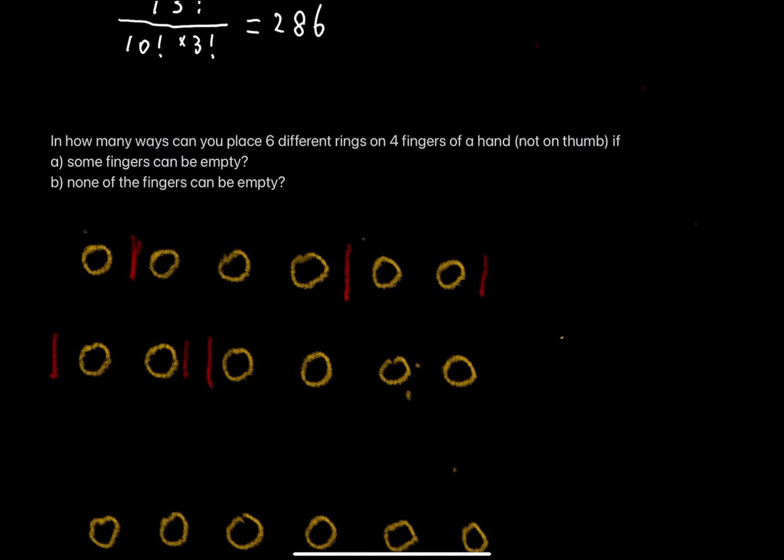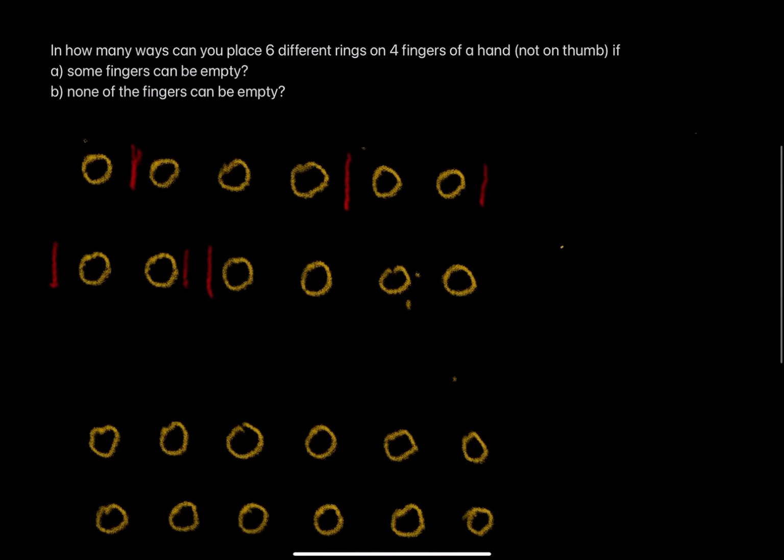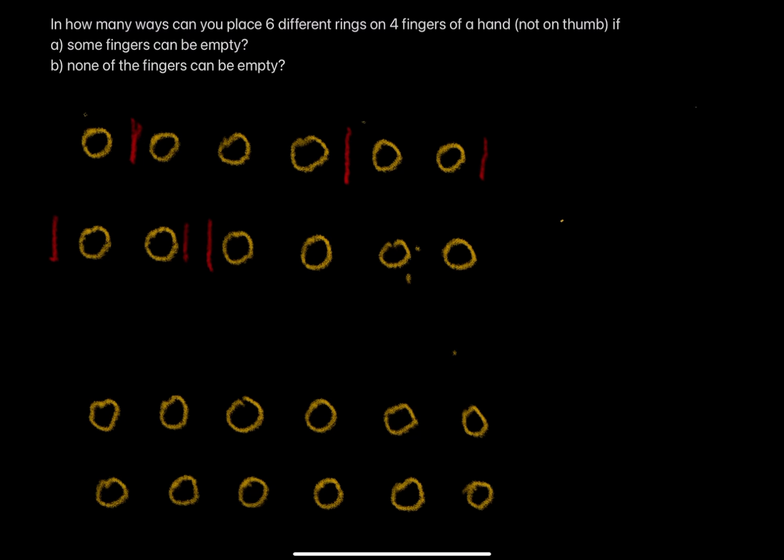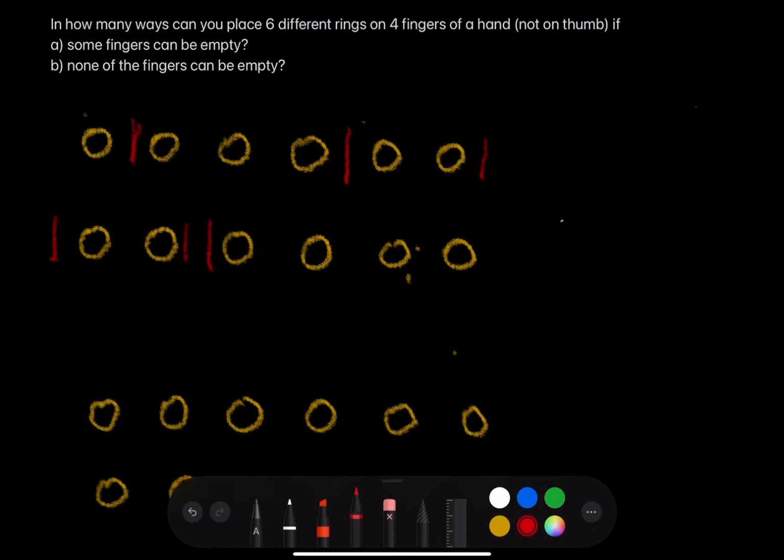So in that case, how many ways can I do this? Altogether I have 6 rings and 3 separators, so I have 9 items. I arrange the 9 items. This time I only need to remove the order between the separators, which is 3 factorial.